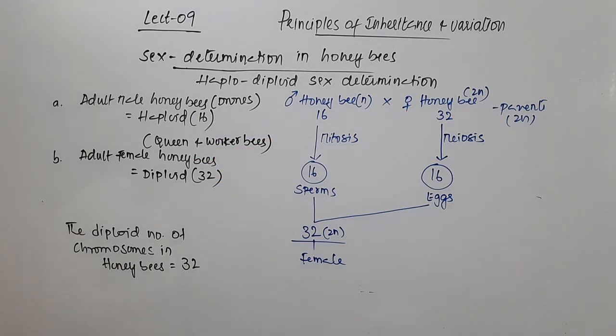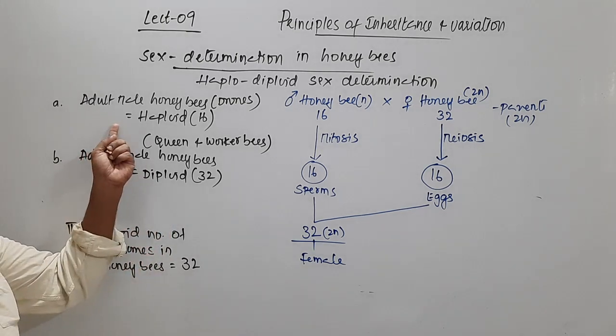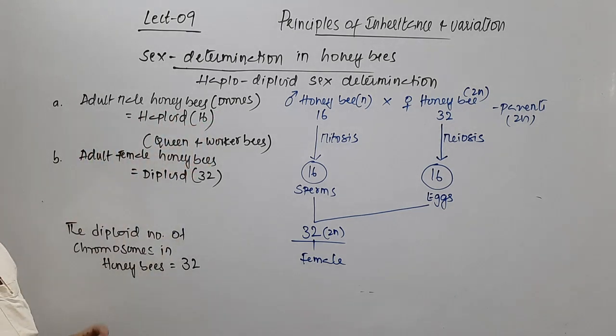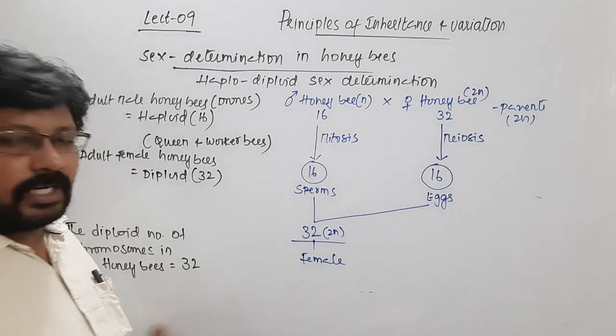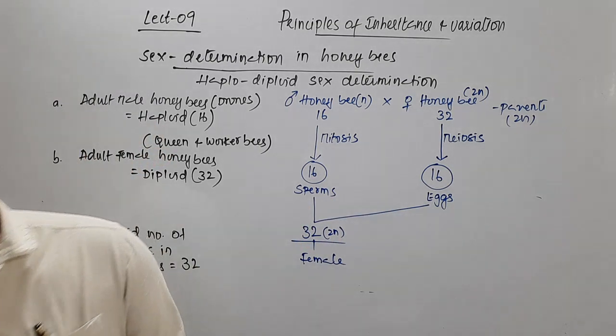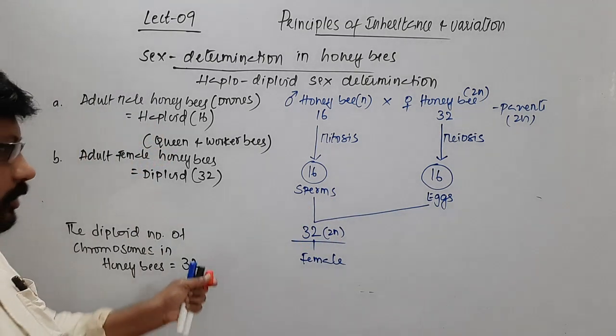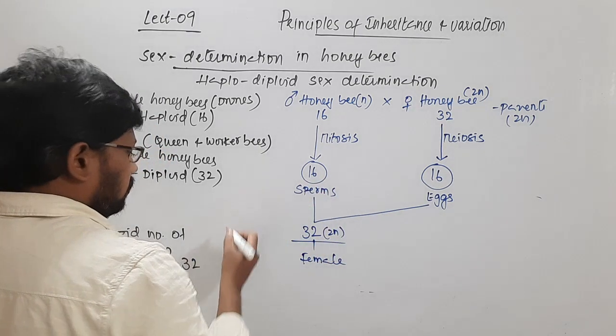Both the queen and worker bees will be in diploid condition. It is only the males, who are called drones, who will be haploid.